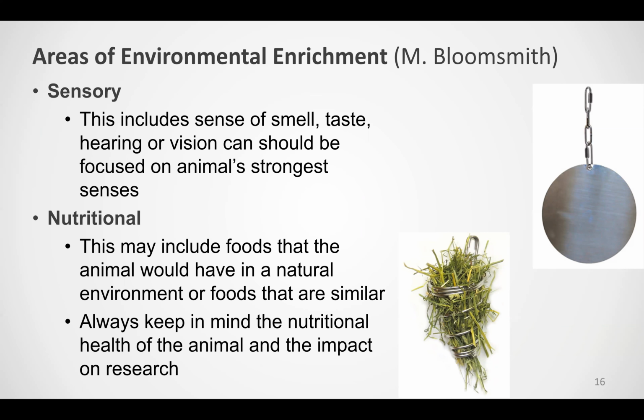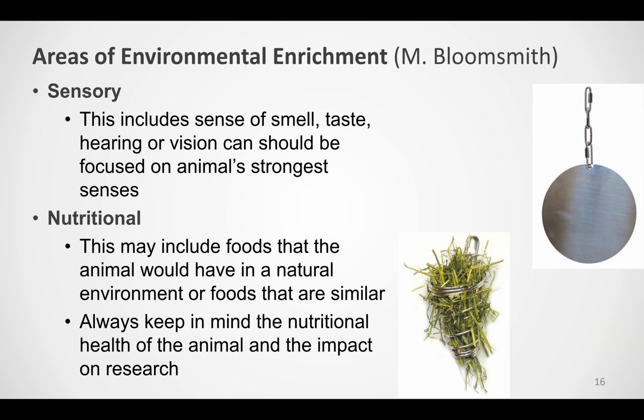Sensory. Sensory includes that sense of smell, taste, hearing, vision. What you want to do with that is focus on the animal's strongest senses. For example, cats, again, like something that moves very rapidly. Non-human primates have extremely good vision, and they enjoy watching things that are moving.